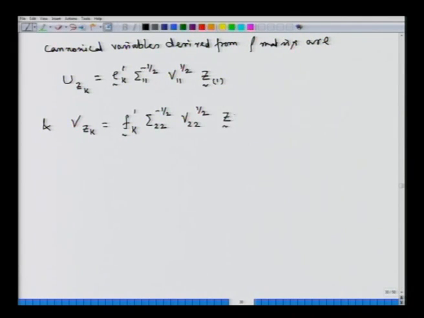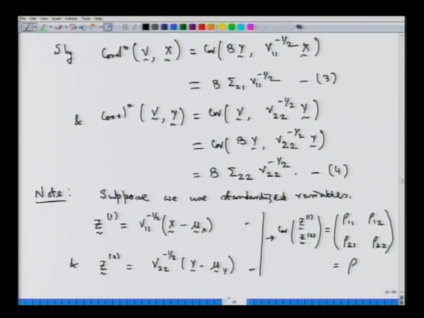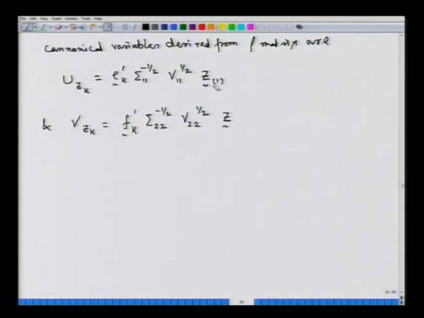This is the Z1 vector and this is the Z2 vector, which we have denoted by upper 1 entries. So, these are the two canonical variables derived from the rho matrix.